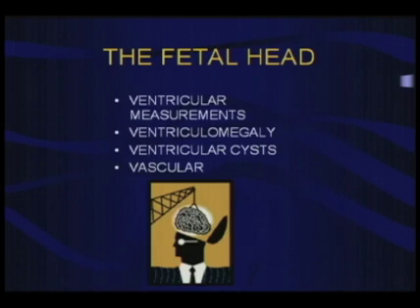I've talked about different etiologies of ventriculomegaly, from hydrocephalus to structural abnormalities to maldevelopment to destructive phenomena within the brain. I showed you a couple of examples of cysts that are close to or appear to be within the ventricles, so you can be aware of these mimics, and then talked about other vascular anomalies that you may see within the fetal brain.